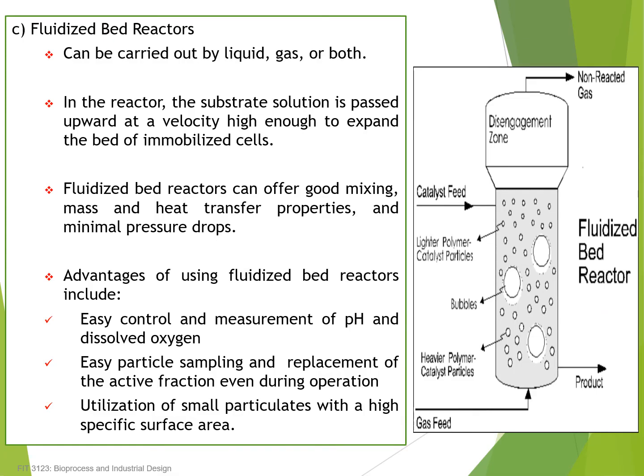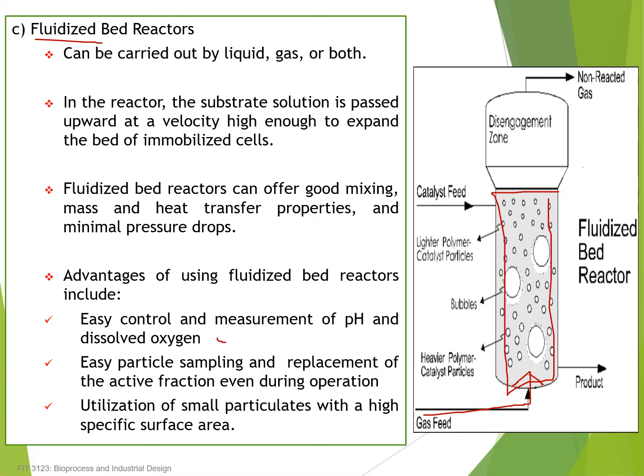Next, we go to fluidized bed. For fluidized, they don't have any packing. It only has immobilized cell that can move freely inside. You feed some oxygen from the bottom or any gases required, and the movement of the gas will make sure there is mixing of your immobilized cell inside.